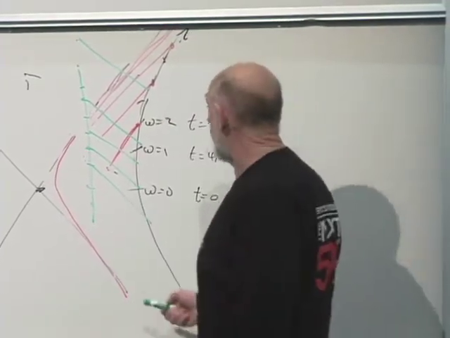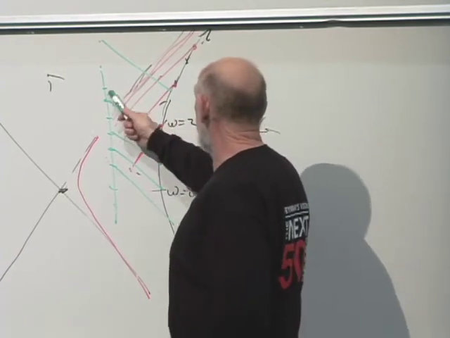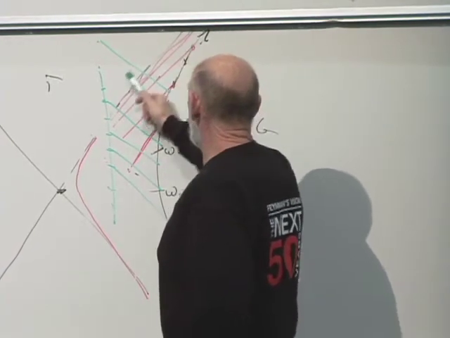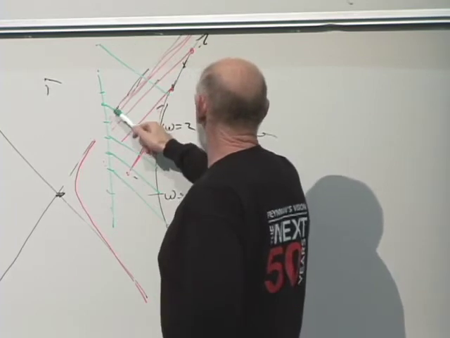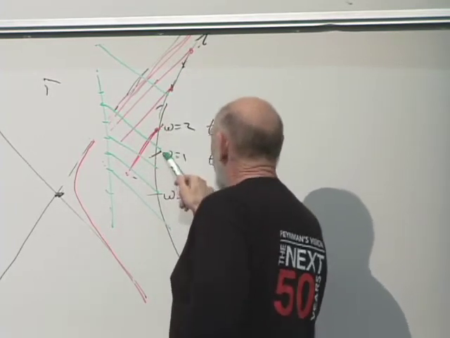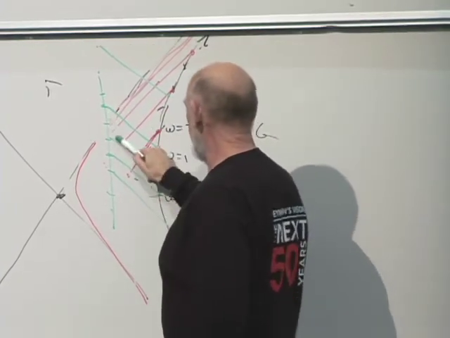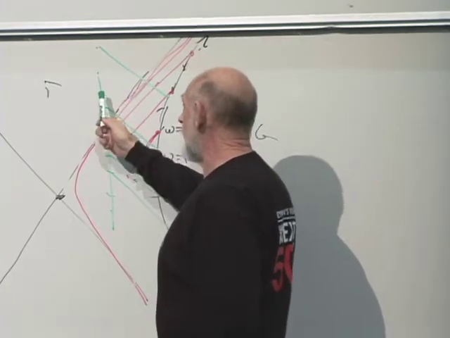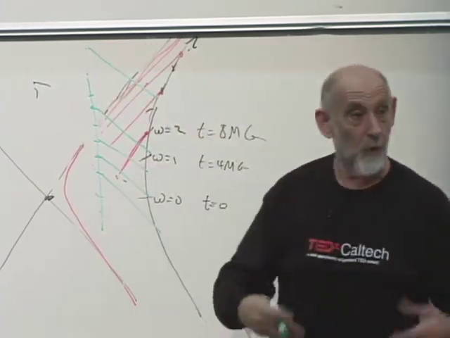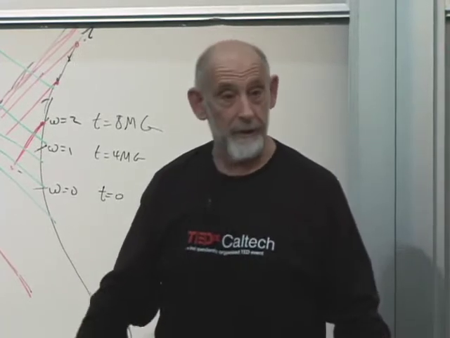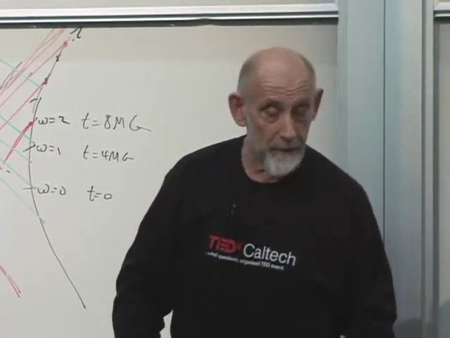He can send her signals, but she cannot send him signals. So it's a kind of one-way barrier. The horizon is a one-way barrier.